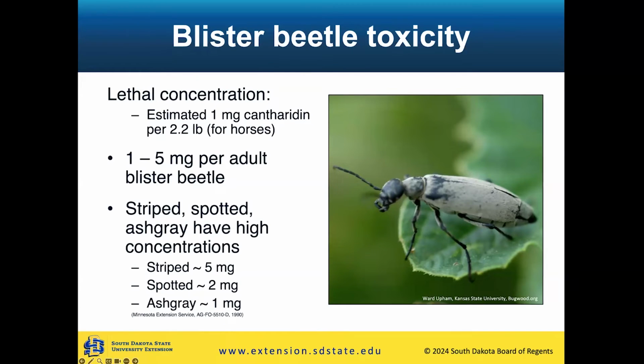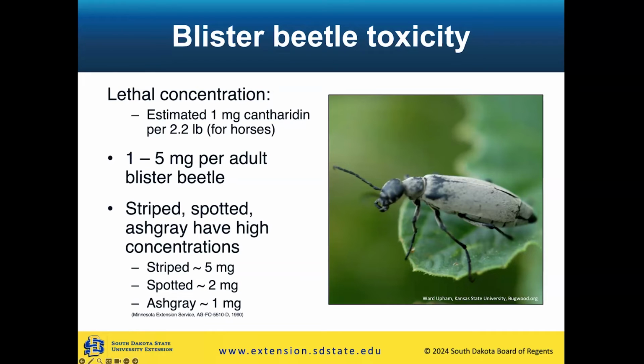So just talking about toxicity in general with blister beetles, there's been some research on this. It's estimated that 1 milligram of that cantharidin per 2.2 pounds is the lethal concentration for horses. Again, this is only for horses.